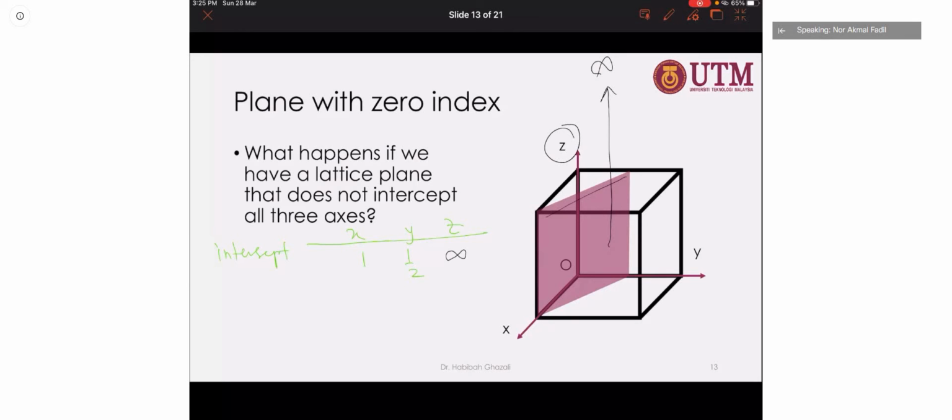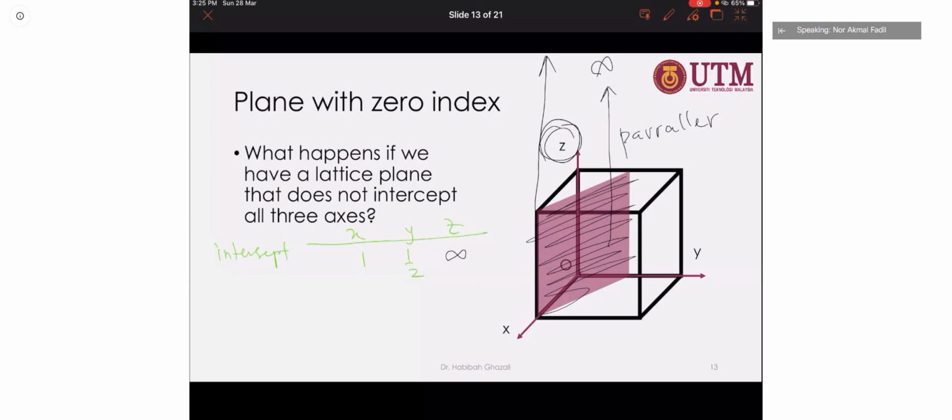Imagine it is one unit cell. Can you imagine one cell of our body? What is the number of cells in our body? It is infinite. So the number of this distance is infinite. Somehow this plane will cross the axis in the z direction at a distance of infinite.